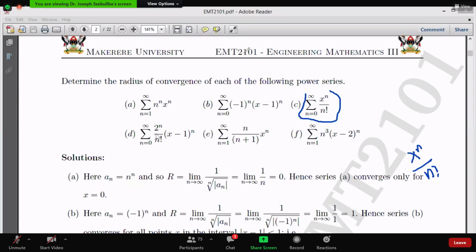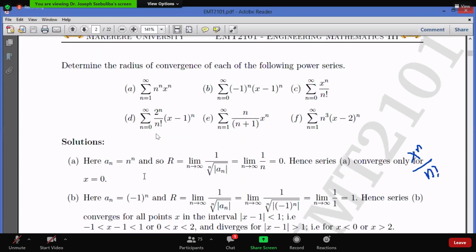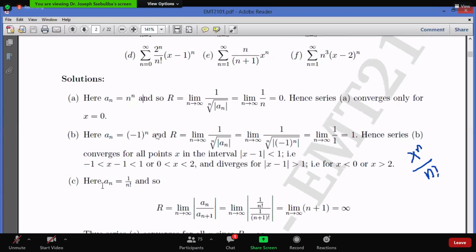So if you use the ratio test, the question is, what do you come up with? We do a similar thing, a little bit related to what we've been doing. So here we are saying an is 1 over n factorial.